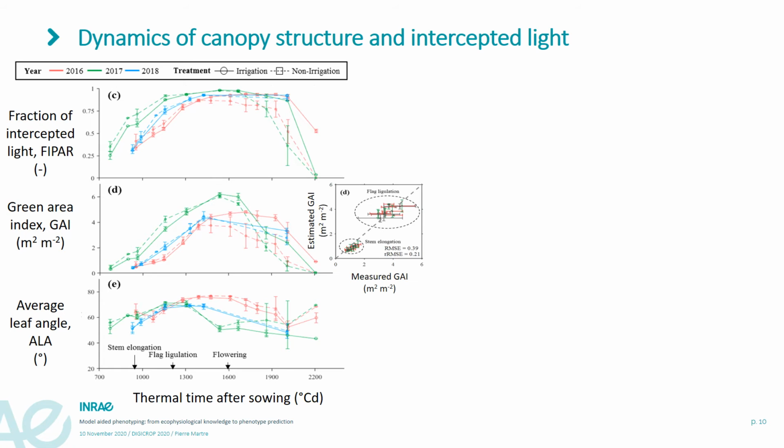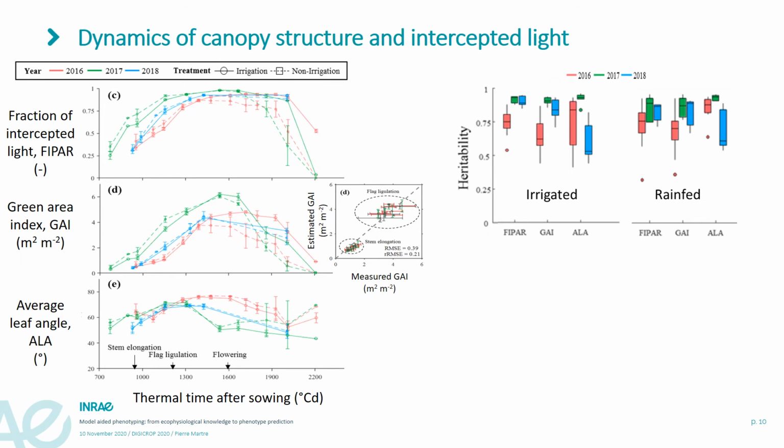And the green area index during stem elongation and flag leaf ligulation was estimated with a relative error of about 20%, which was lower than the error from measurements from destructive sampling. And under most conditions, the heritabilities of the retrieved traits were higher than 0.7.